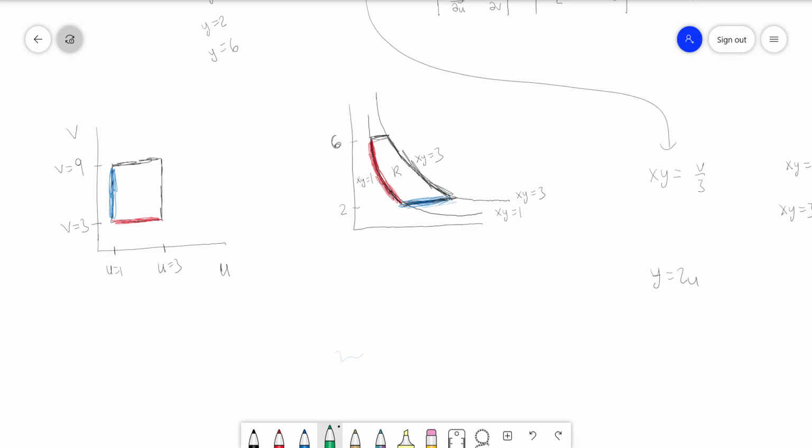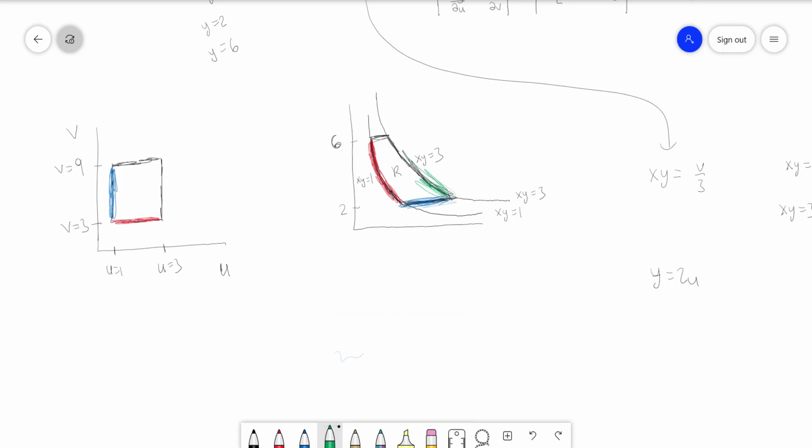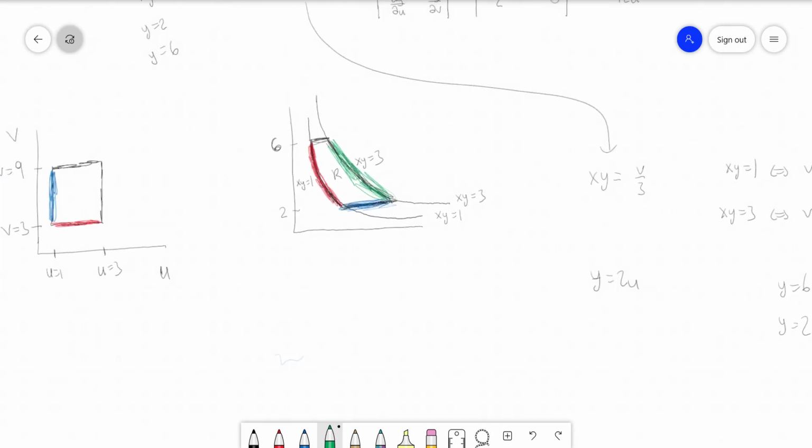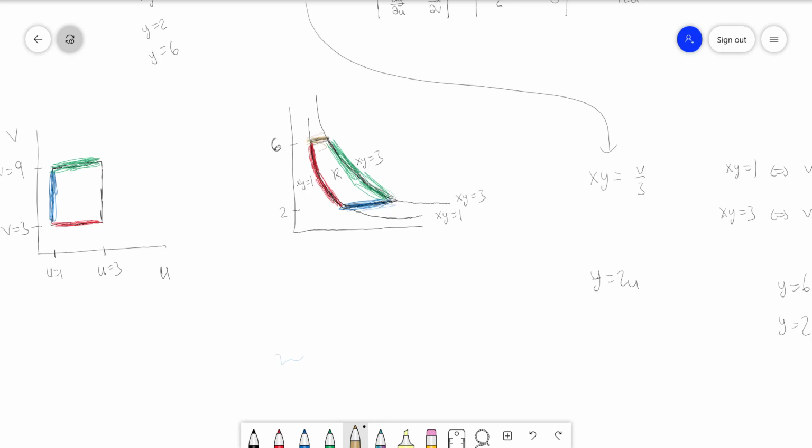Then xy equals 3: when xy is 3, that was the v equals 9 edge. And then finally, when y was equal to 6, that corresponded to when u is equal to 3.